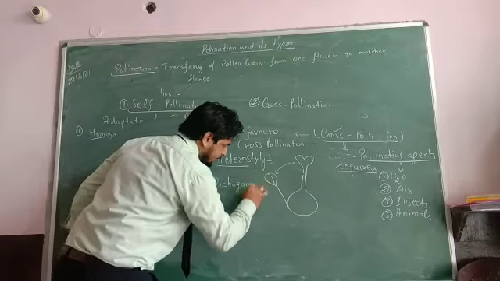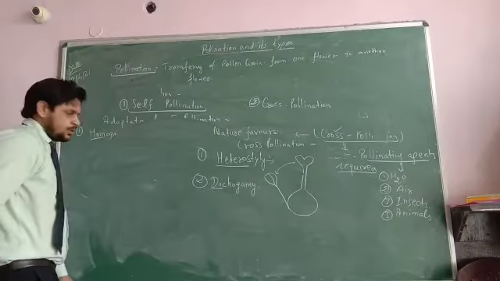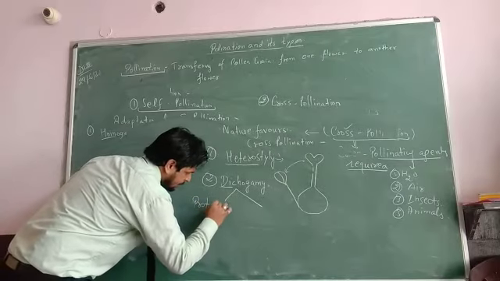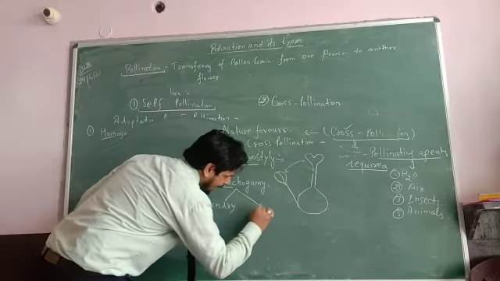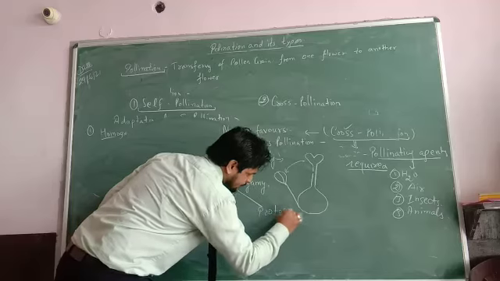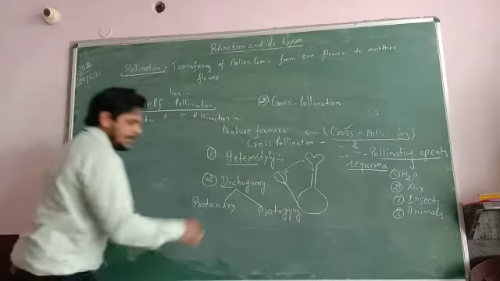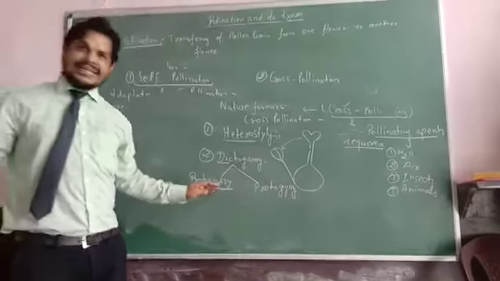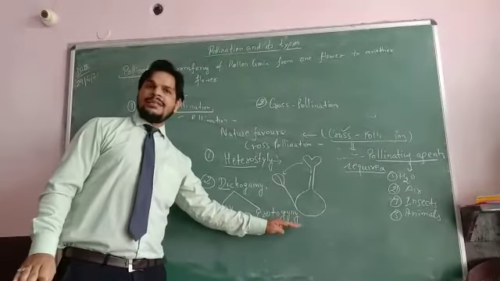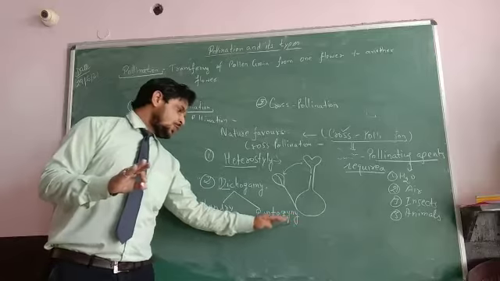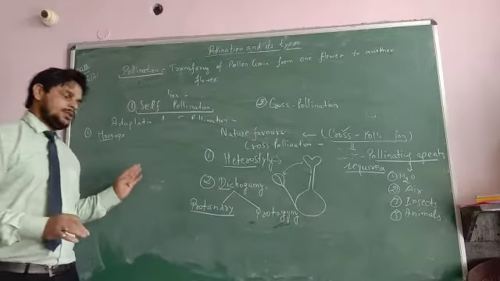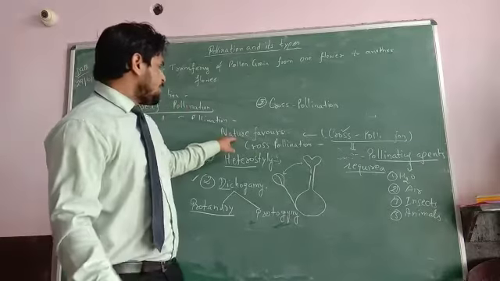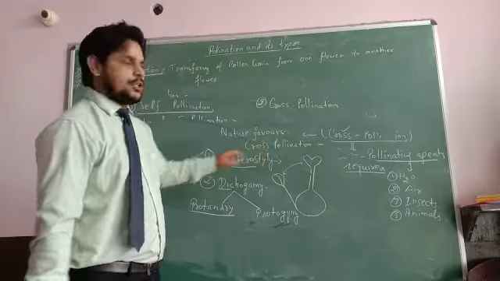Di means two, that is, of two types: protandry and protogyny. Protandry means the androecium matures earlier than the stigma, and protogyny means the gynoecium matures earlier than the anther. So these are the two conditions by which nature favors cross pollination.